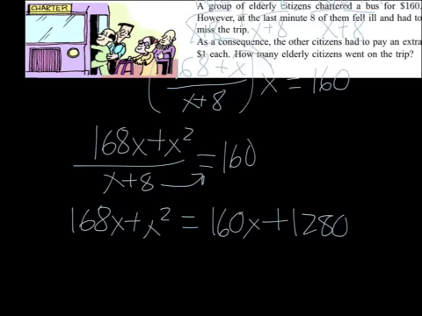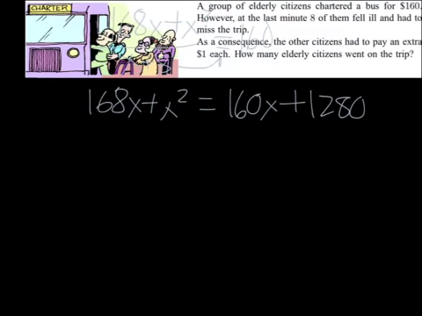From here, we're just going to start simplifying things. So we bring our 160 over, 168 minus 160, we get X squared plus 8X, subtract our 1280.